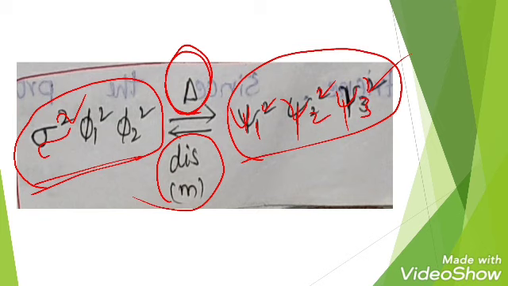Automatically this reaction is photochemically symmetry forbidden. That means the interconversion of cyclohexadiene to hexatriene under disrotation in the presence of light is symmetry forbidden.